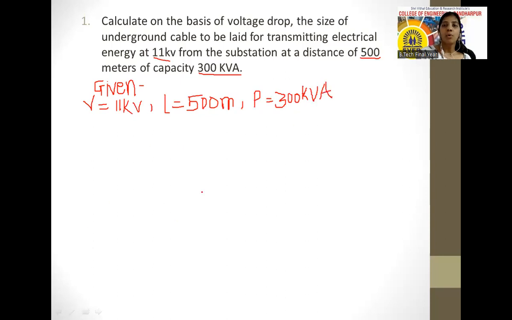Okay, now what do we have to calculate first? First we have to calculate the current carrying capacity of the cable. That means depending upon how much current is obtained here, depending on that level, we will select the size of the conductor. So before that, as the first step, we will find the permissible voltage drop.